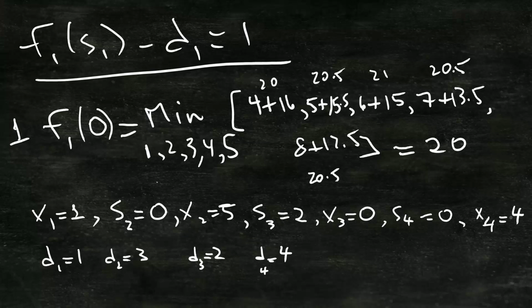So what we have here is that the total cost is 20. Let's check if that's in fact the case. So in period 1 we produce, let's look at the cost. In period 1 we produce 1, which is going to be $4 million. We have no inventory. Then we produce 5. That's going to be 5 plus 3, that is $8 million.